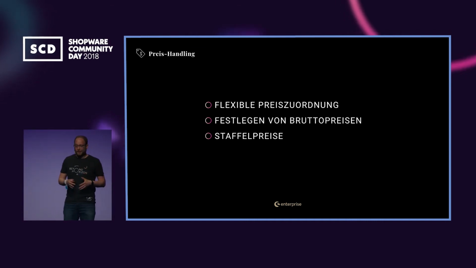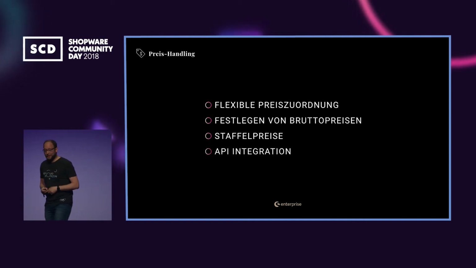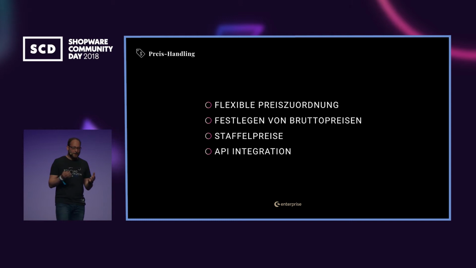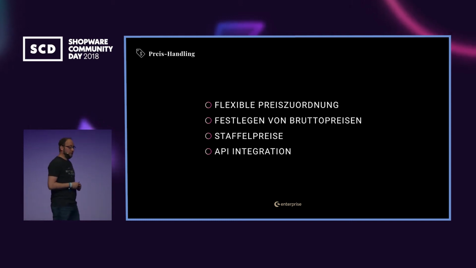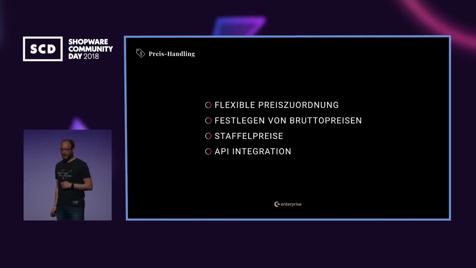You can define staggered prices also and have volume discounts. And for the management, it is very important to know that all this is equipped and features an API. So everything can be controlled via the API.